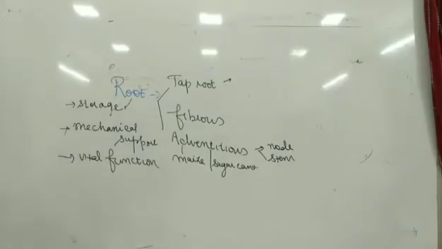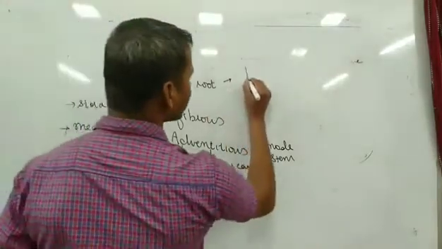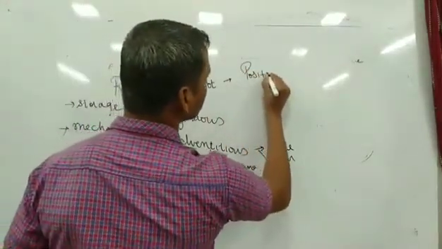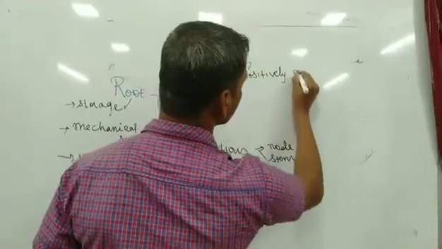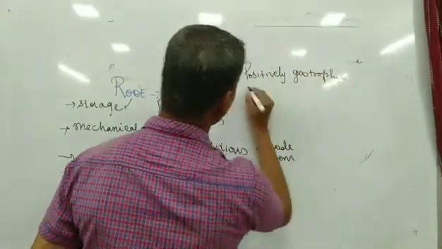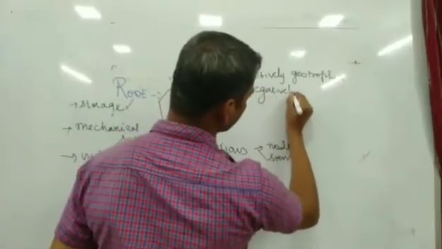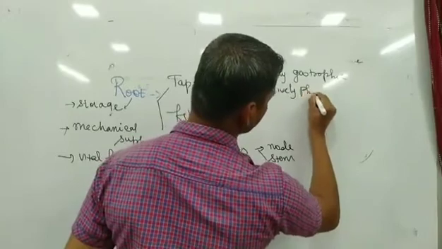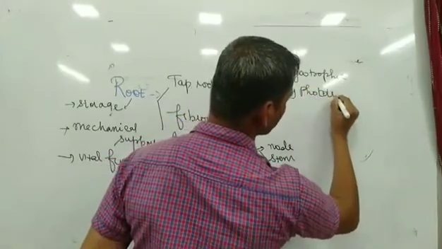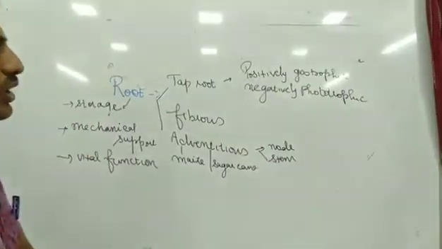When you talk about roots, they are positively geotropic but negatively phototropic. Positively geotropic, negatively phototropic.